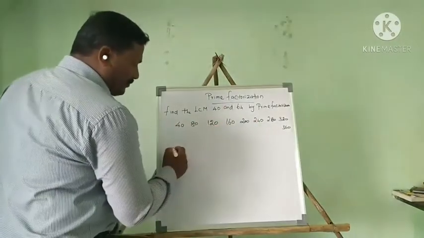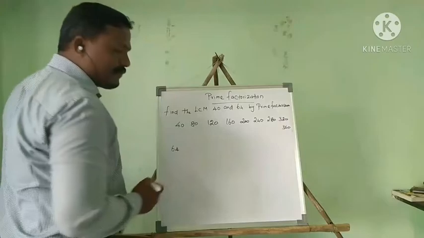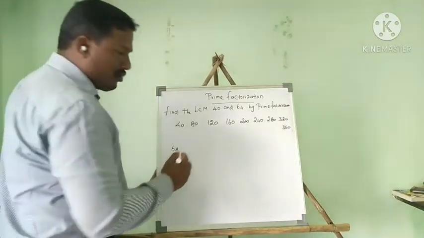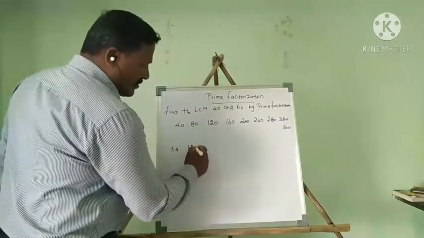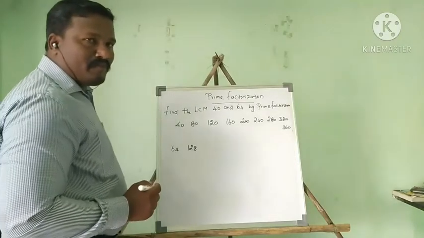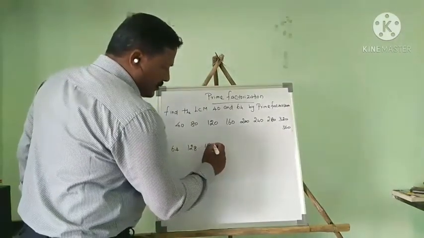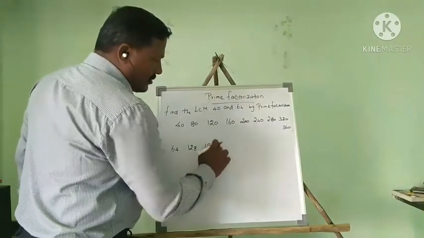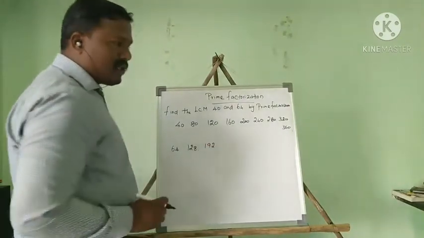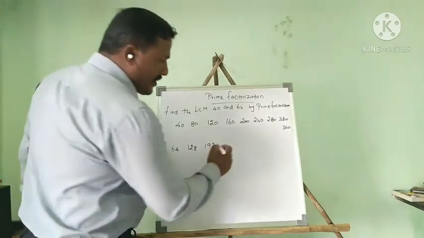Then 64. 1 64 is 64. 2 64, 128. 3 64, 192. Then 4 64, 256.